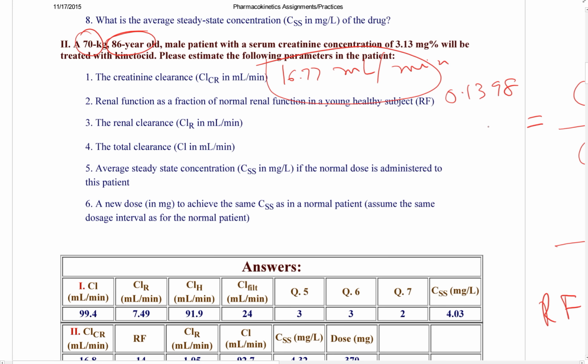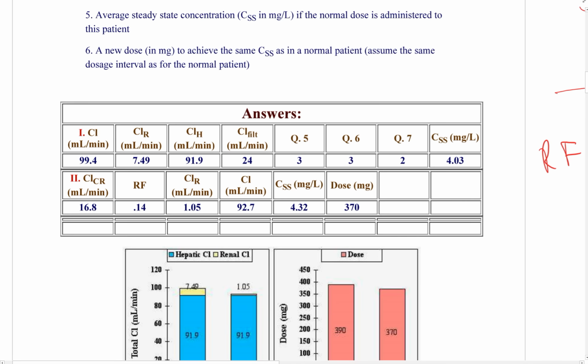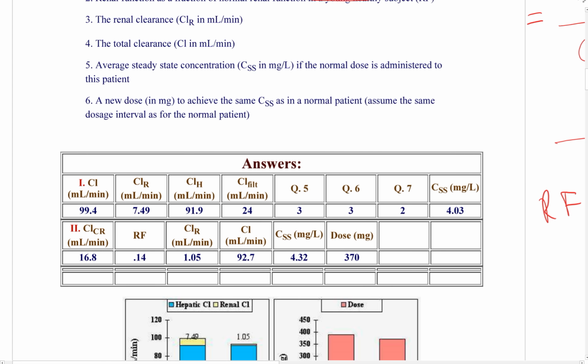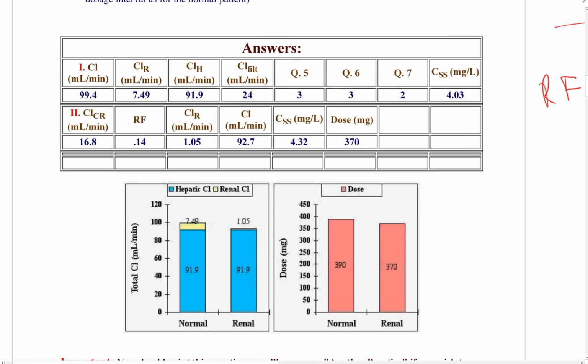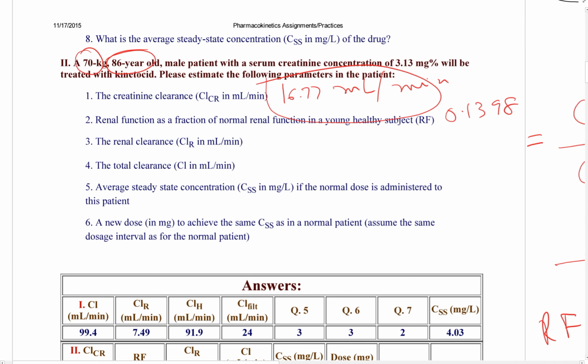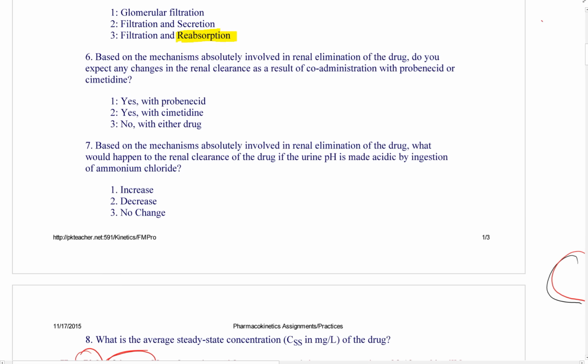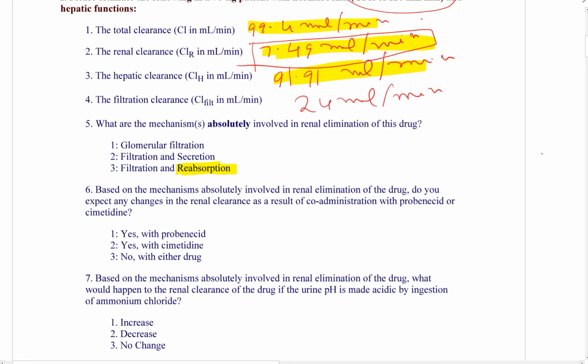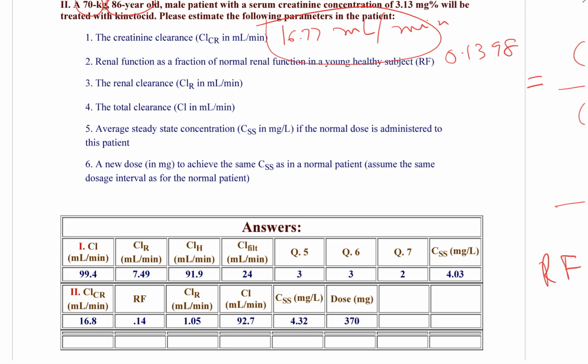You have to remember that renal clearance in a normal individual is the same as GFR. You may get confused, but GFR of a healthy individual is 120 milliliters. Always use that one. And renal clearance of this individual, we have to calculate.